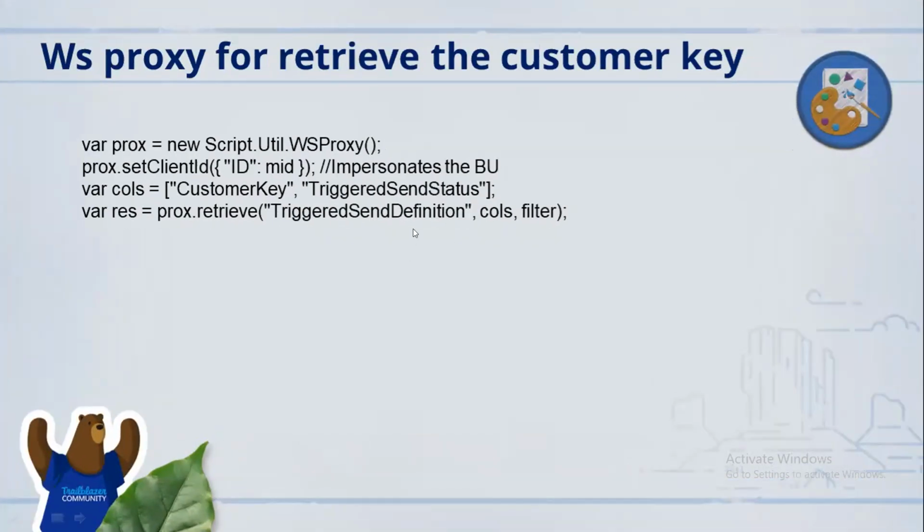In the trigger send definition object, I specify which columns I am going to retrieve from the trigger send definition. Here I have also given a filter, but I am not applying any filter. There is an option: if you want to monitor only trigger sends that are active, we can have a condition filtering by trigger send status is active.